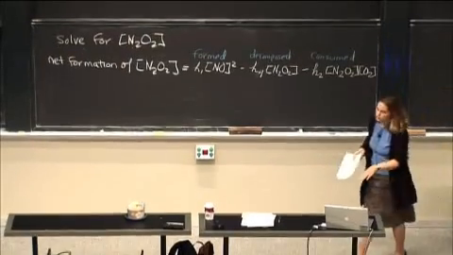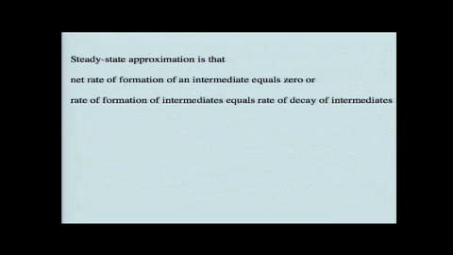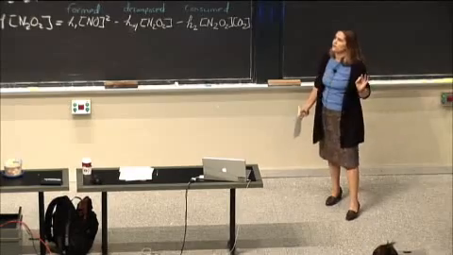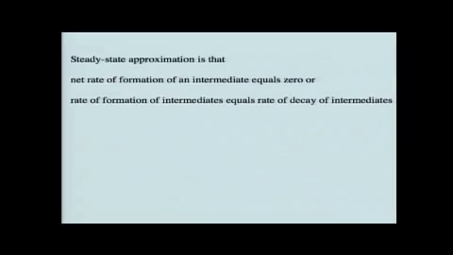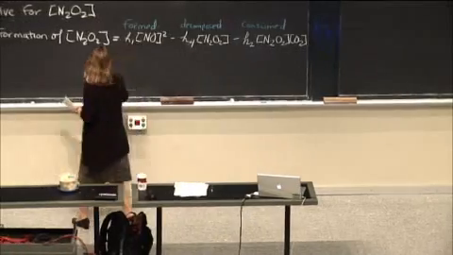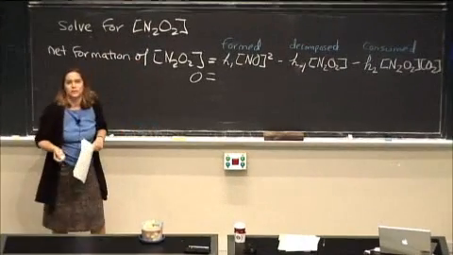And now we can use something called the steady state approximation. The steady state approximation is used in all sorts of kinetics, including enzyme kinetics. And it can be phrased 2 different ways, which are equivalent. You can say that the steady state approximation is that the net formation of the intermediate equals 0, i.e., this is the net formation of the intermediate. So this entire equation equals 0.